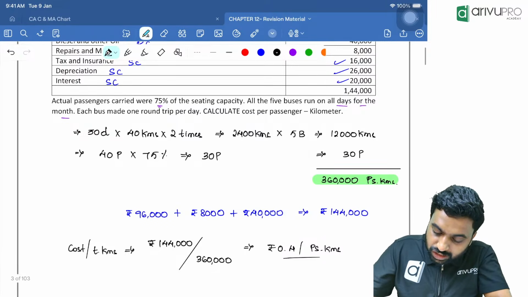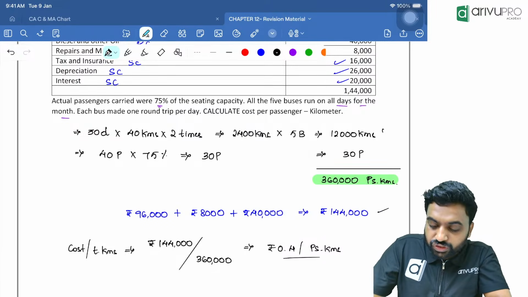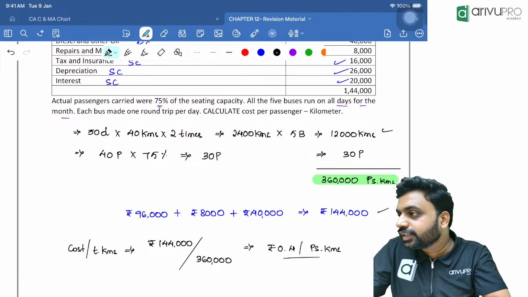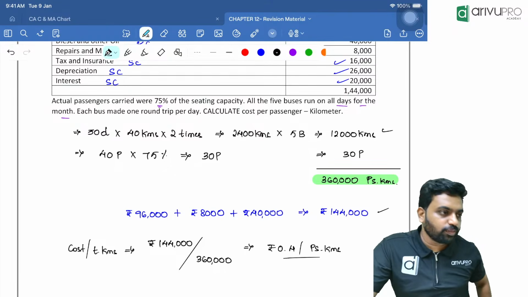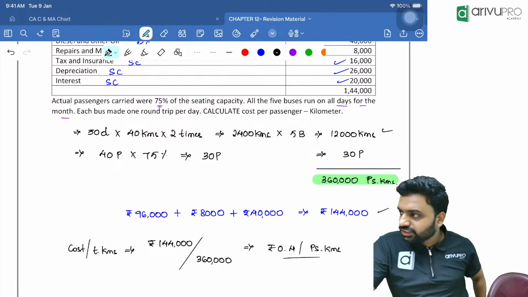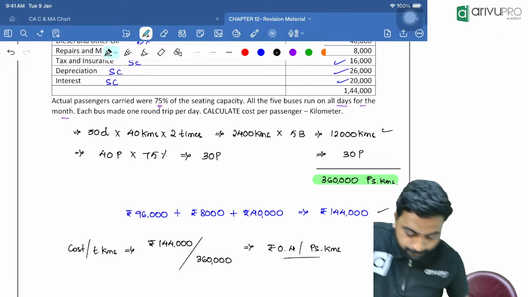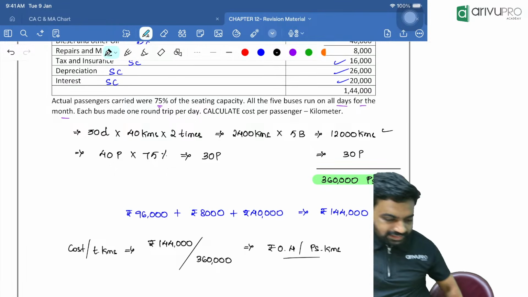If that is the case, all you should do is 1,44,000 divided by 12,000 kilometers. You will get 12 rupees per kilometer. 12 rupees divided by 30 passengers. Because in each and every kilometer, there are 30 passengers on an average. How much it will be? Hope it is clear.